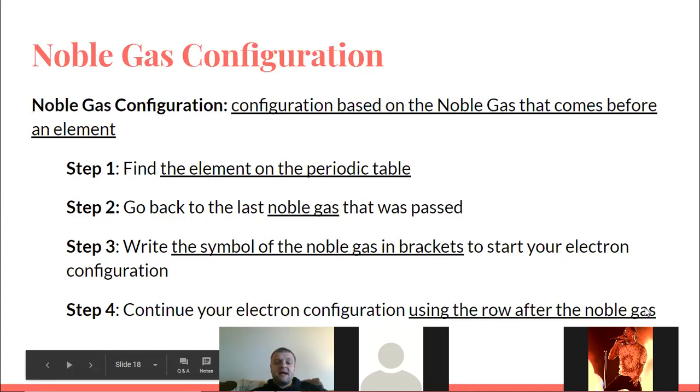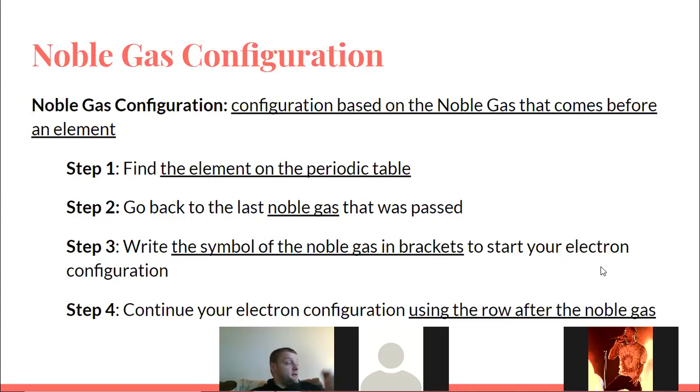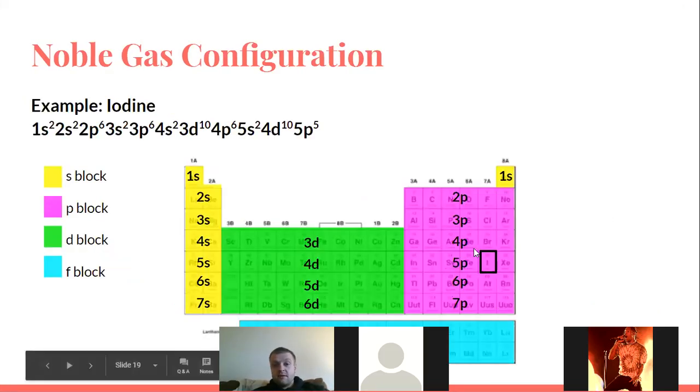Now, once you skip ahead to the noble gas, then you basically continue to do what we've been doing, where we say 4S, 3D, 4P, and you go through. So when we look at this, iodine is going to be our example.